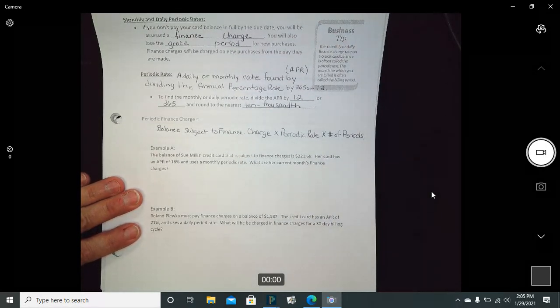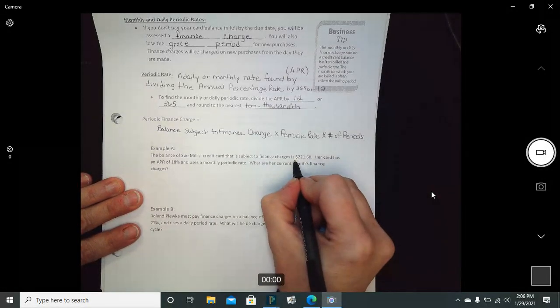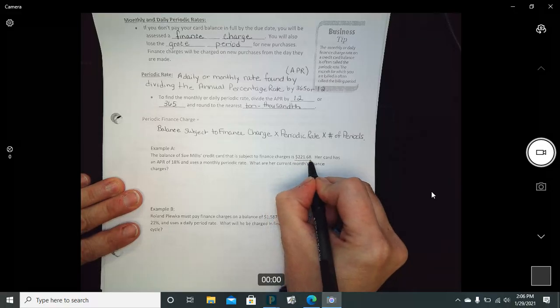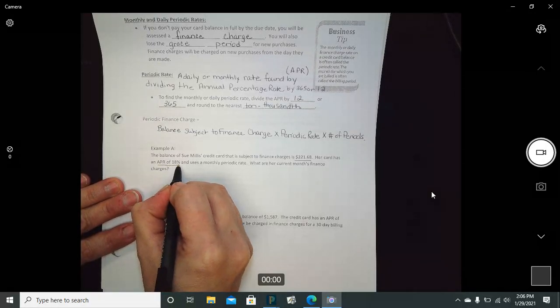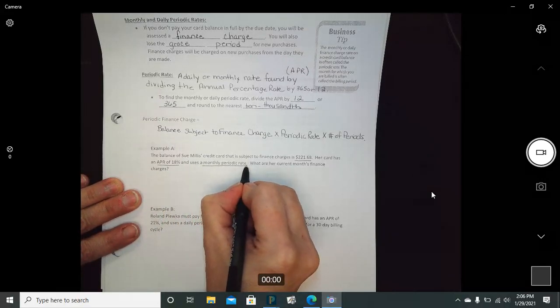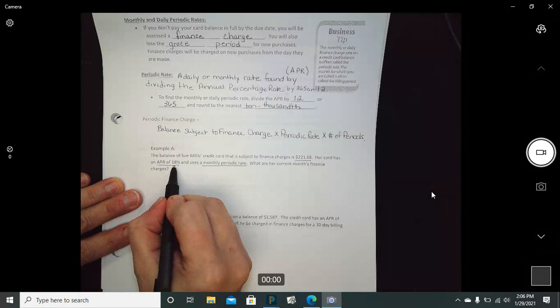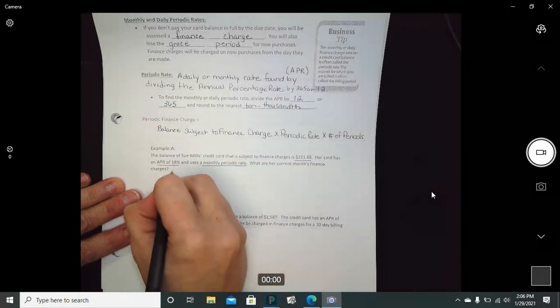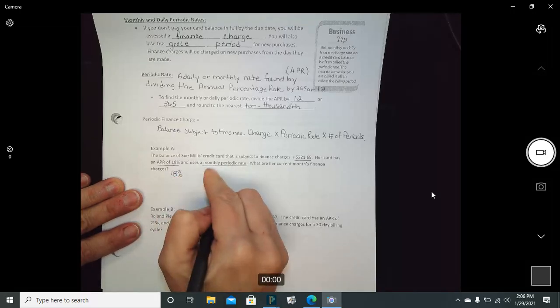Example A says the balance on the credit card subject to a finance charge is $221.68. Her card has an APR of 18%. I'm just underlining keywords we need, and it uses a monthly periodic rate. So first thing we need to do: our APR is 18%, which is the annual rate, and we're talking about monthly.